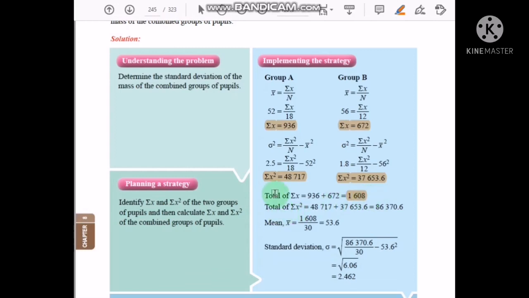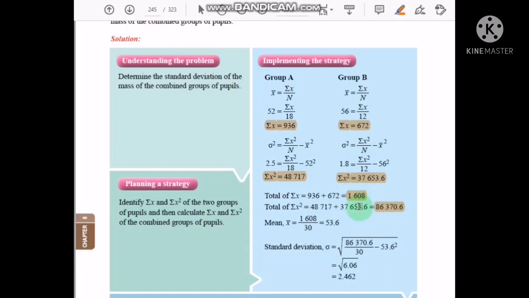Then the total sum of x square is 48,717 plus group B, and you will get this value.